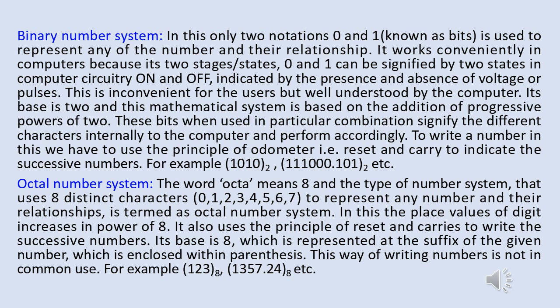It uses the principle of reset and carry to write successive numbers. Its base is 8, which is represented as a suffix of the given number, enclosed within parentheses. This way of writing numbers is not in common use. For example, (123) base 8, (1357.24) base 8, etc.